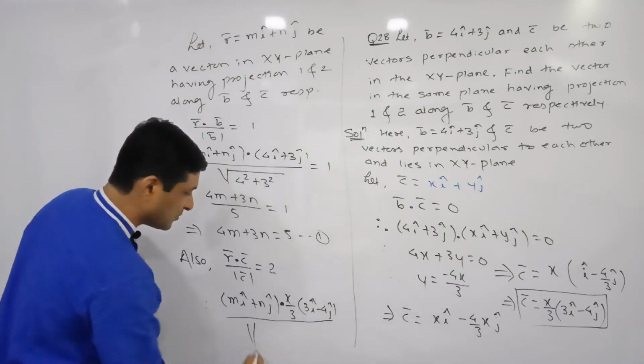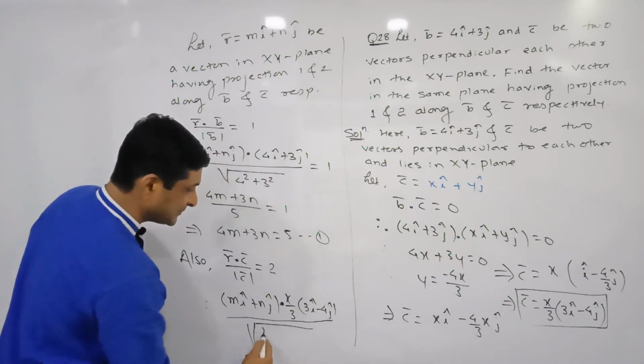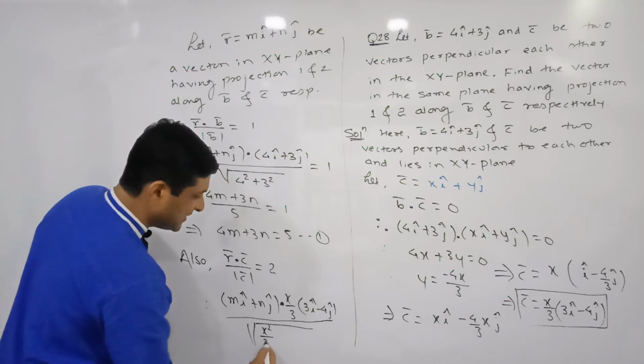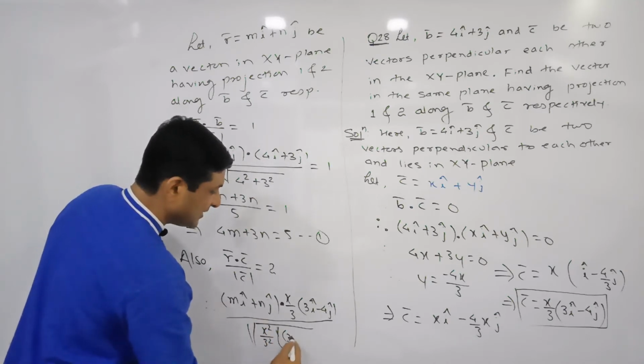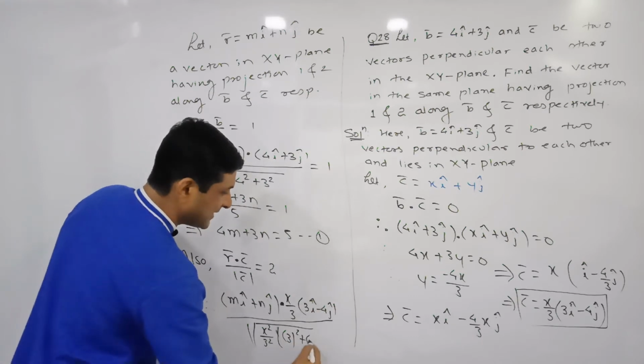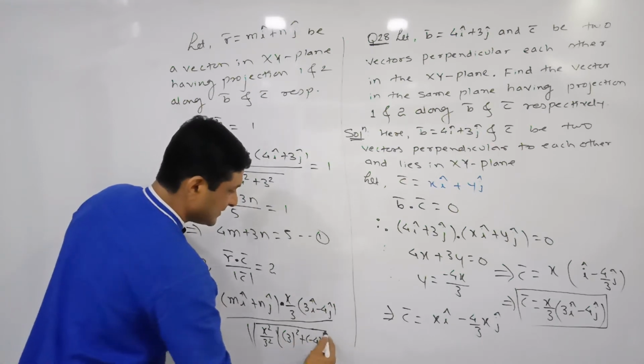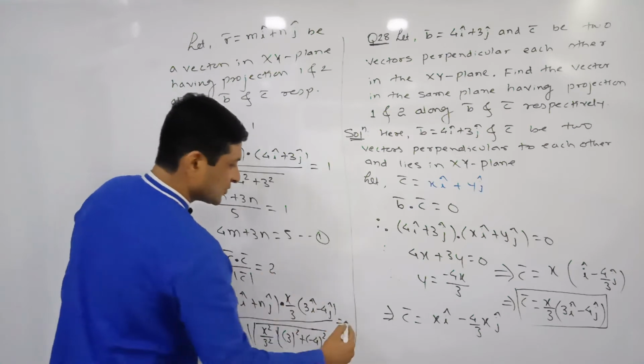Observe that for C bar, we get under root x square upon 3 square into 3 square plus minus 4 square. On this side keep the 2 as it is.